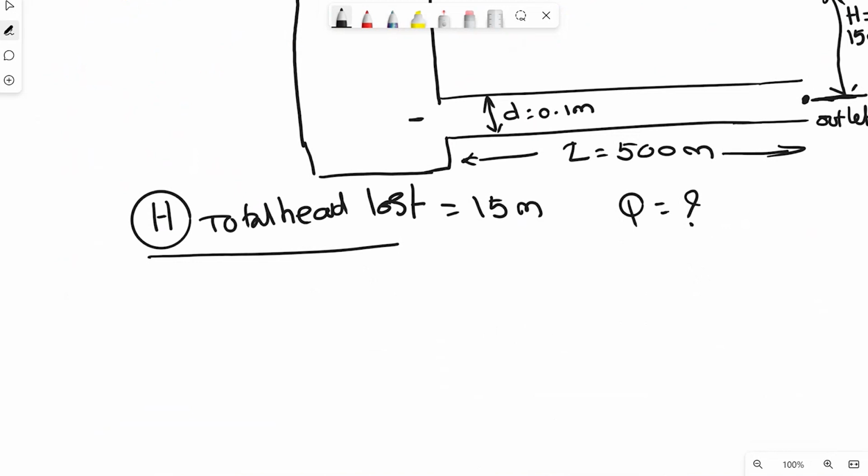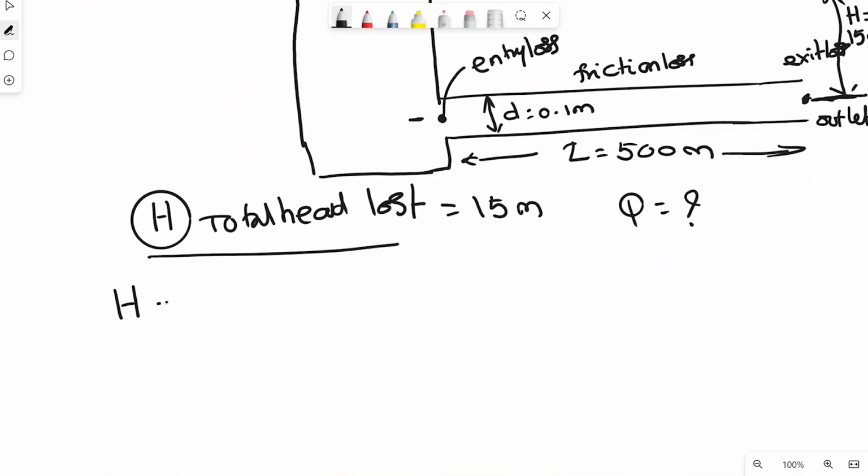Now if I take it from the beginning, what is the loss here? It is entry loss. From here to here, what is the loss? Friction loss. Then at the end, what is the loss? Exit loss. And I know the equation for this.